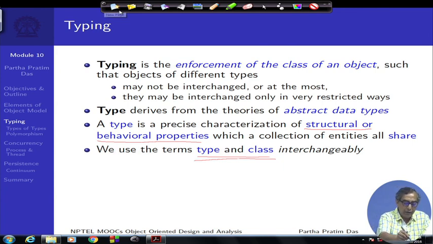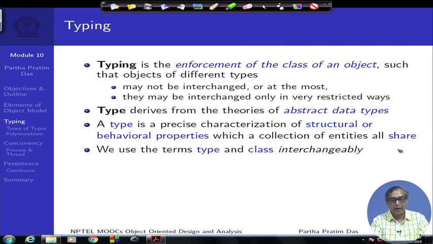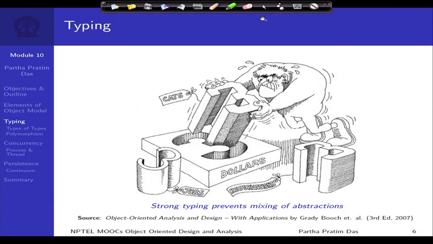In the current course, we will use type and class interchangeably, though please remain informed that in general in programming language theory or object oriented theory, they are similar, but not exactly the same, but we will treat them as the same in this course.